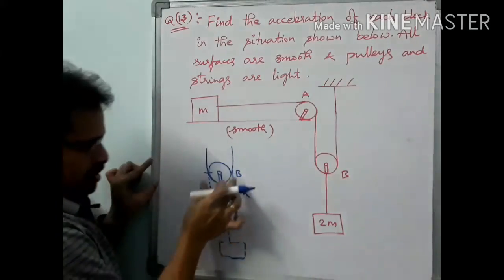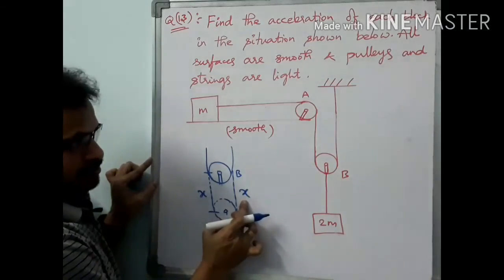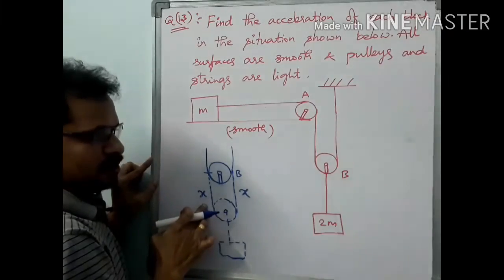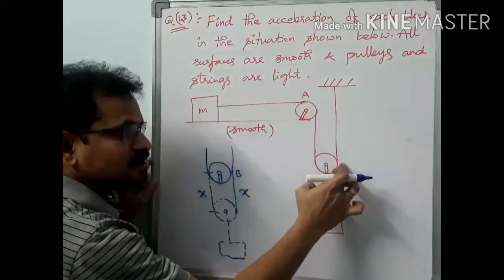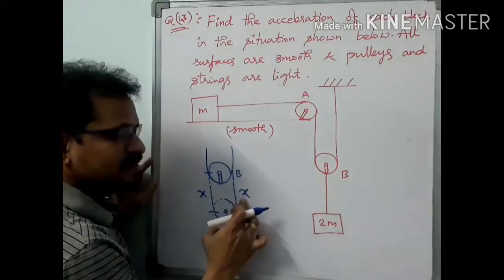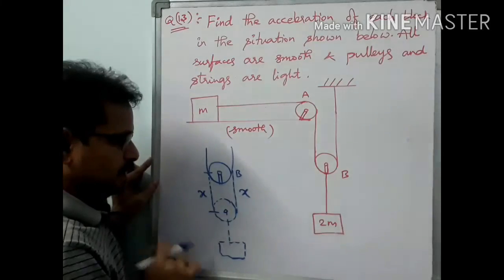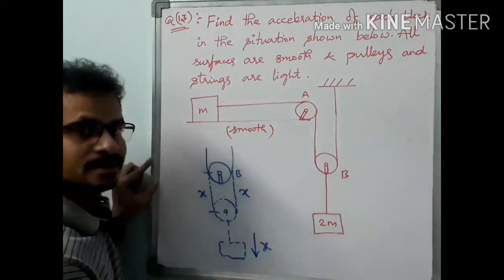Here also there will be a change x in the length of the rope. And in this part of the rope there is an increase in length. How much? x. In this segment of the string also there is an equal increase, that is also x. So now tell me how much distance this block has moved here? x.